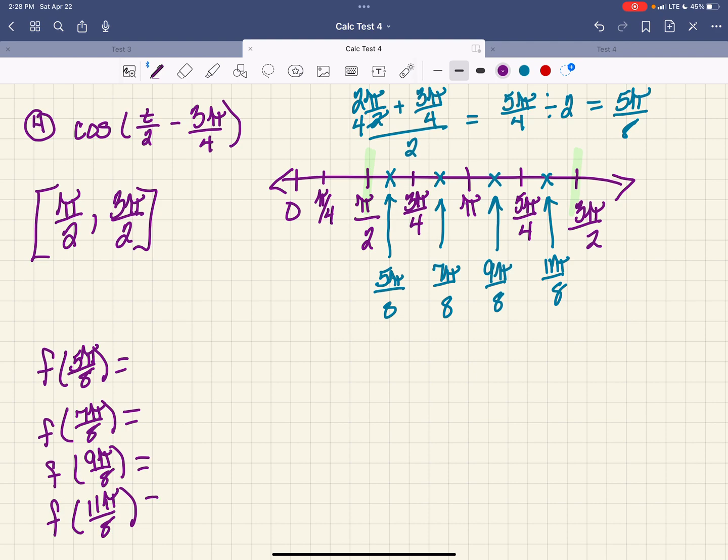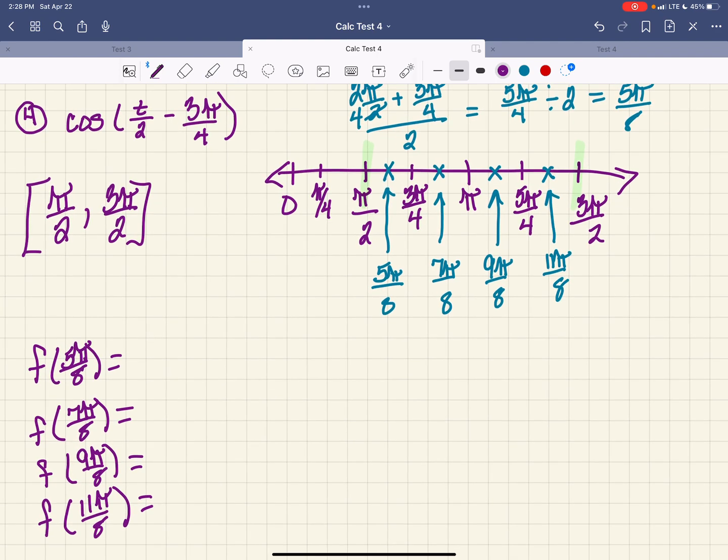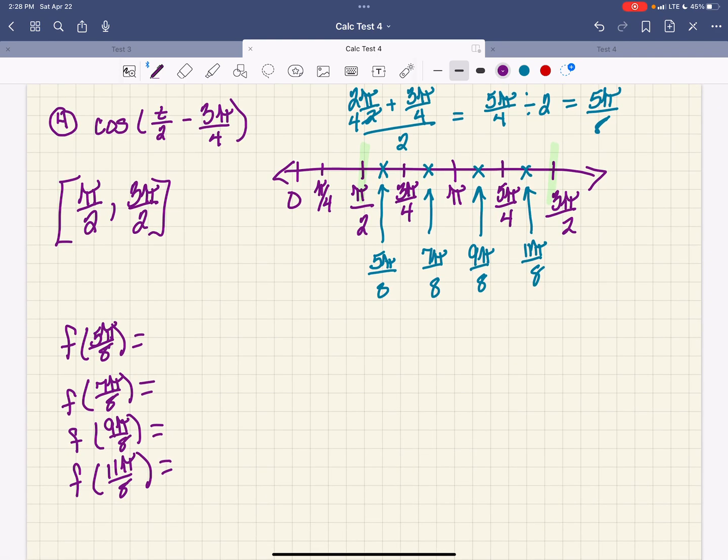Our next step is to take this value right here, 5 pi over 8, and plug it in for t.